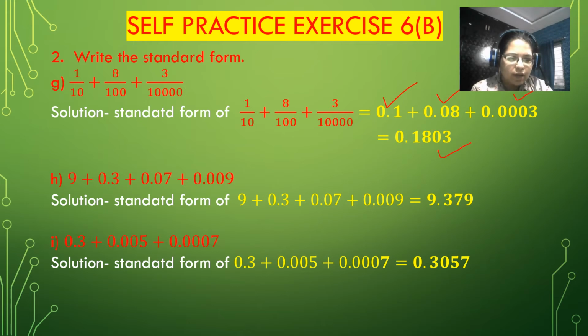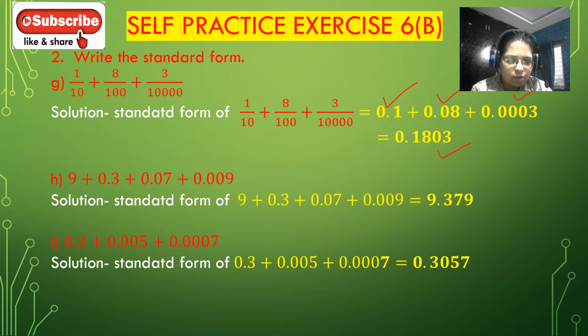H. 9 plus 0.3 plus 0.07 plus 0.009. Standard form of 9 plus 0.3 plus 0.07 plus 0.009 is 9.379.